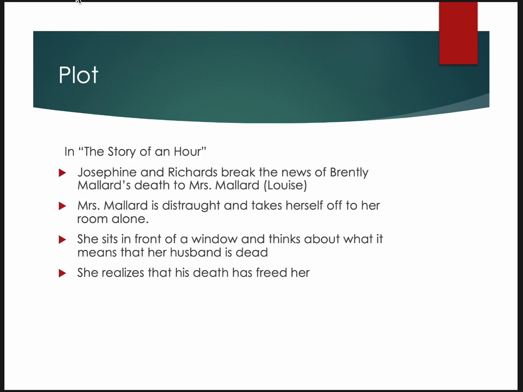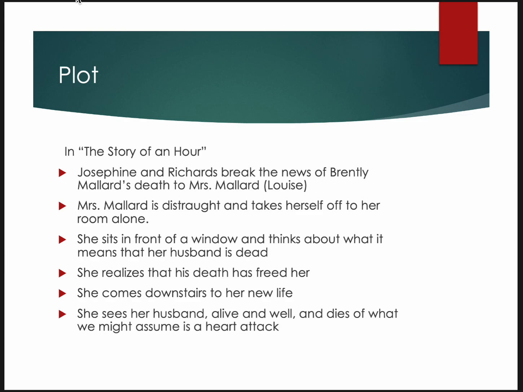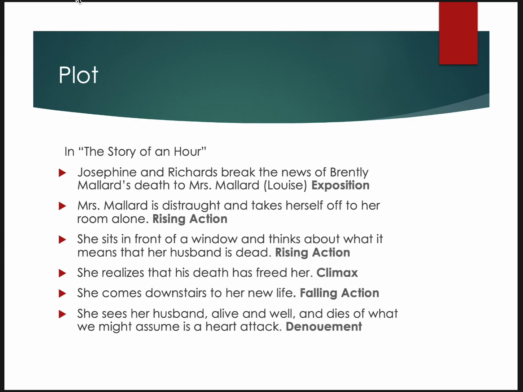So going through the Story of an Hour, we can think about the different events of the story and whether they line up with the plot pyramid. In this case, it does. It moves from Josephine and Richard breaking the news of Mrs. Mallard's husband's death through to her heart attack at the end. And those events match up really quite nicely with the traditional plot structure.